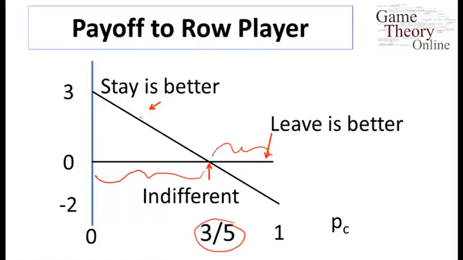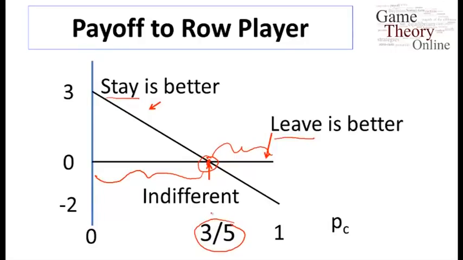And we end up with exact indifference when PC is exactly equal to 3/5. So in terms of their best response, in cases where we're less than 3/5, they'd rather stay. In cases where we're greater than 3/5, they'd rather leave. And their indifference point is exactly when the column player is staying with probability 3/5.